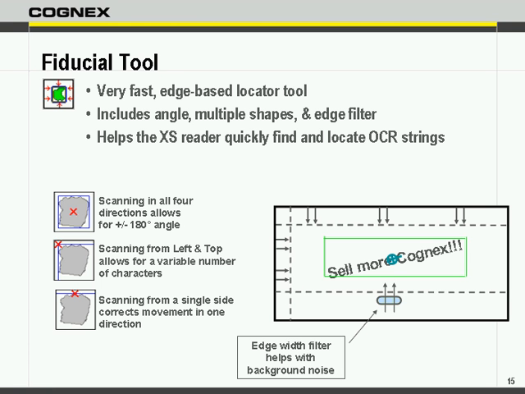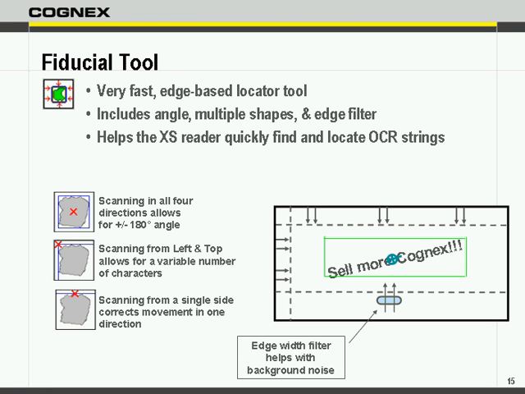The name implies that it would be looking for some kind of well-placed fiducial from which you can position. It doesn't have to be a fiducial. In fact, a lot of people use this for OCR. Now, part of the reason for reintroducing this is not only was it a powerful tool because it was very fast and very simple, but also because on our readers, some of you might be aware that the readers, such as the Intelligent Scanner and the Extreme Scanner, did not come with any positioning tools.